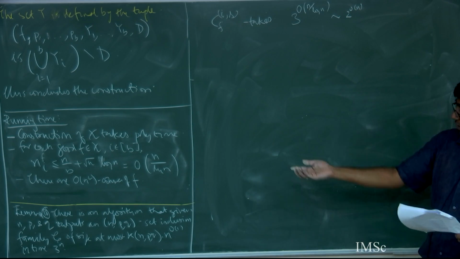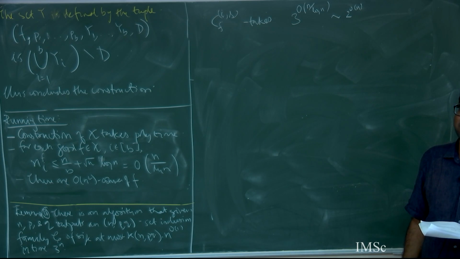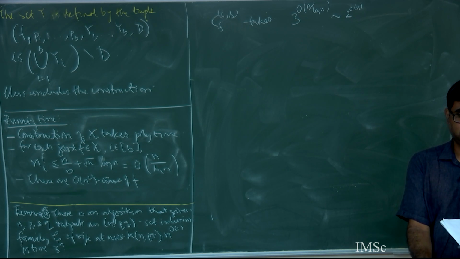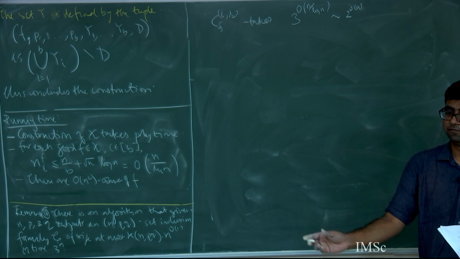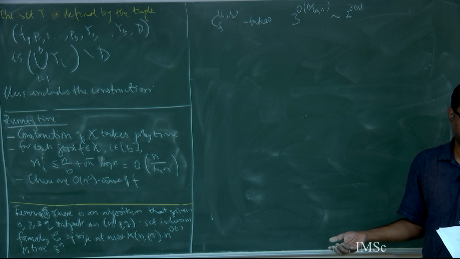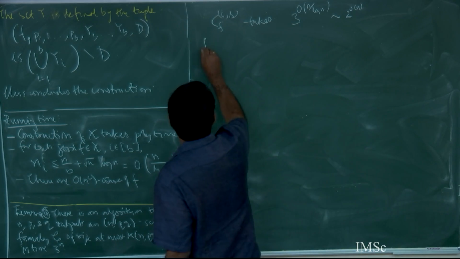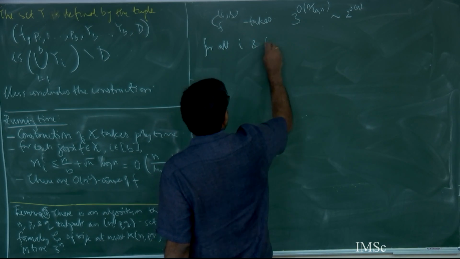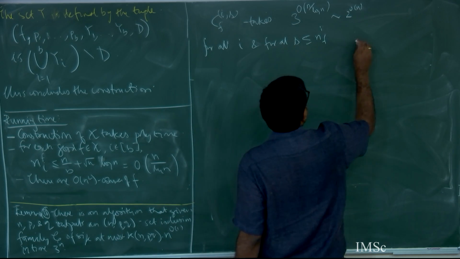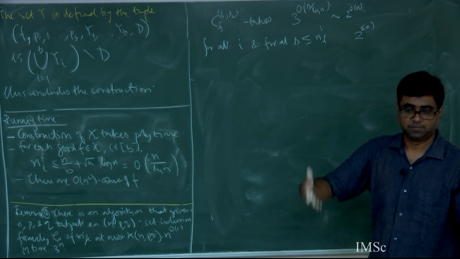Irrespective of what my S was. But how many S are you going to consider? Polynomially many, 1 to N_i,f. Summing over N_i,f, I can construct for all i and for all S less than or equal to N_i,f in 2 power little o of n, because it is 2 power little o of n times some n.